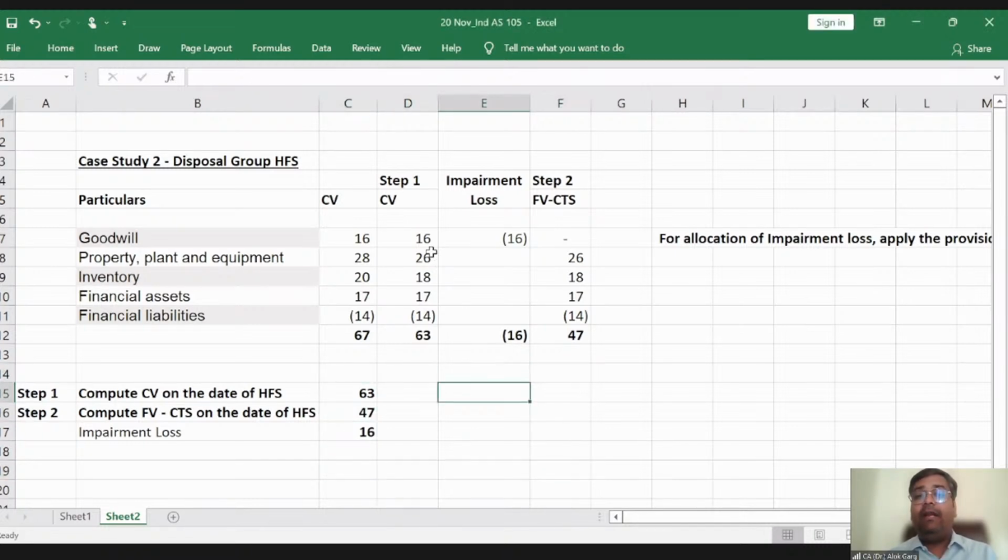So what will be the accounting entry? Disposal group held for sale asset debit, right?